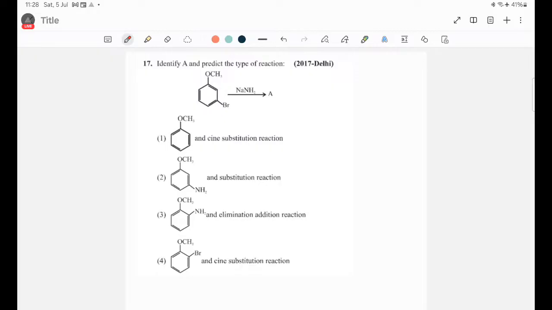Okay, someone is telling option 2. Yeah, you are correct. Option 2 is correct, and this has been done in your haloarene classes or haloarene PYQ session.